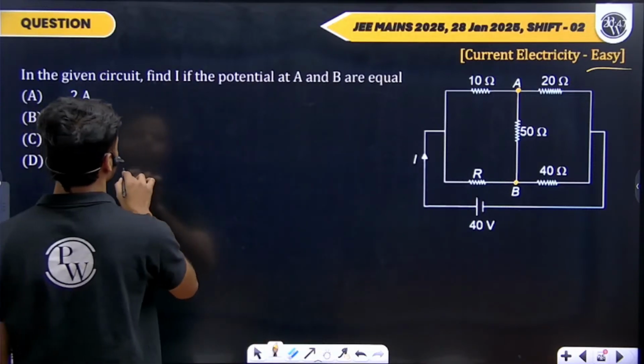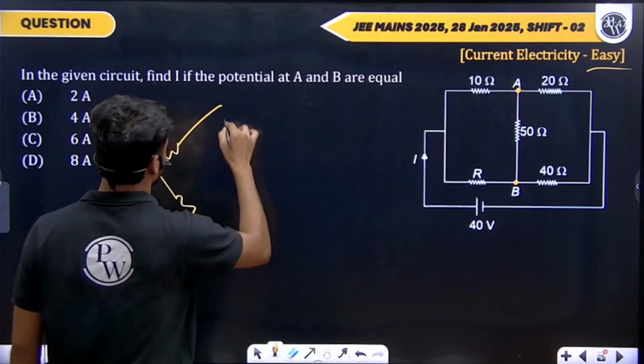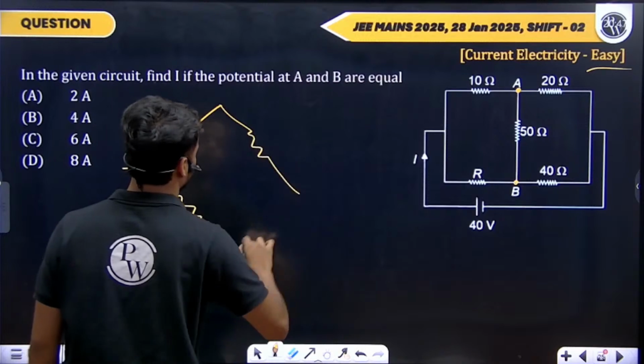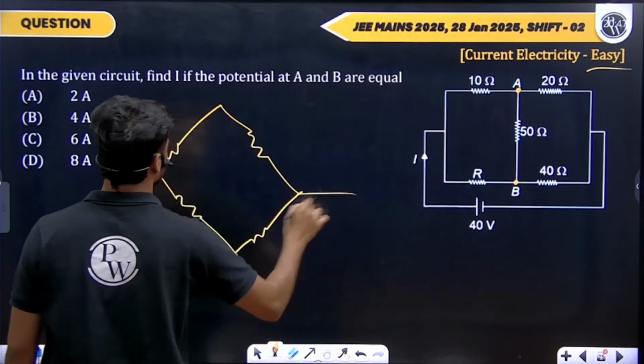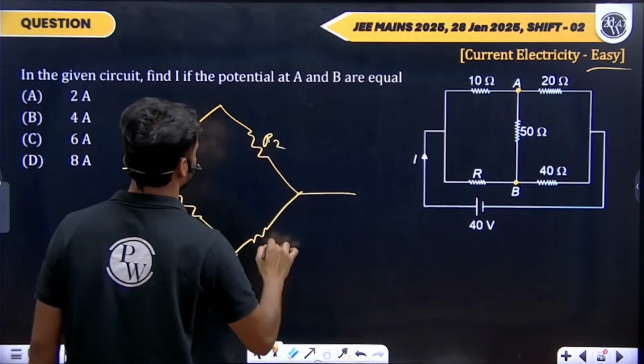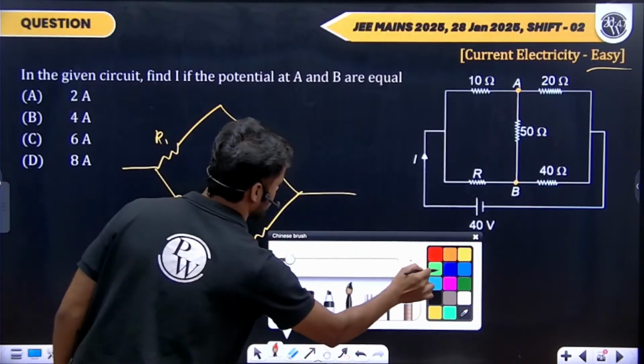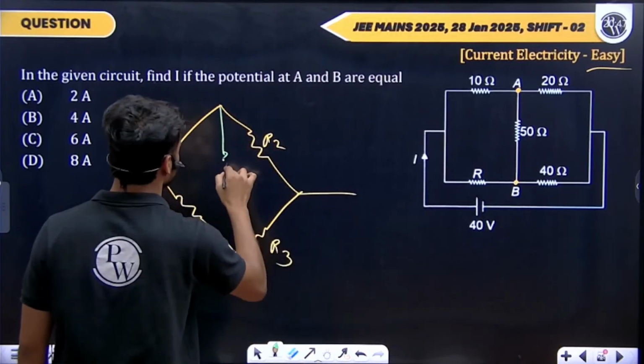It would be a circuit like this, which has 5 resistors. I am trying to draw it. Let's say this is our Wheatstone bridge circuit, R1, R2, R3, R4. So we have 4 resistors, and the 5th resistor will be passing through this.